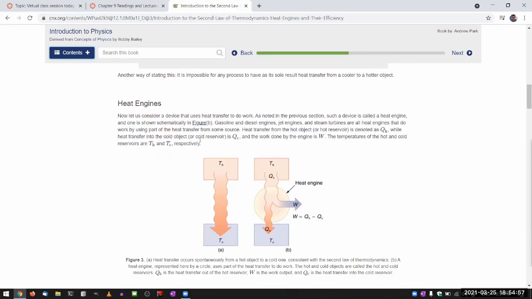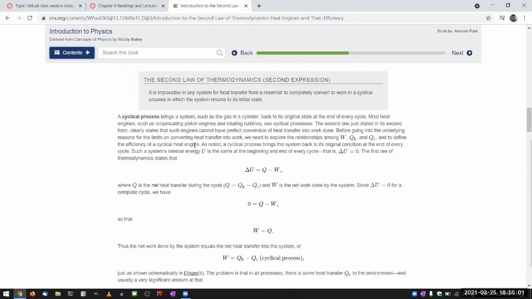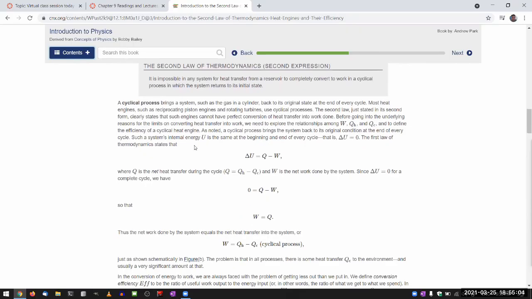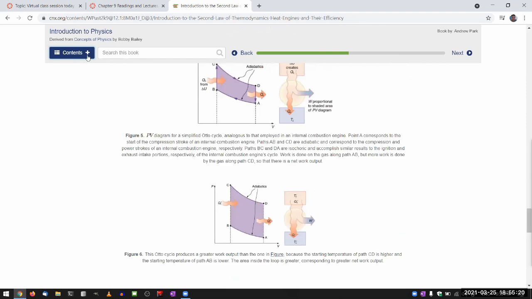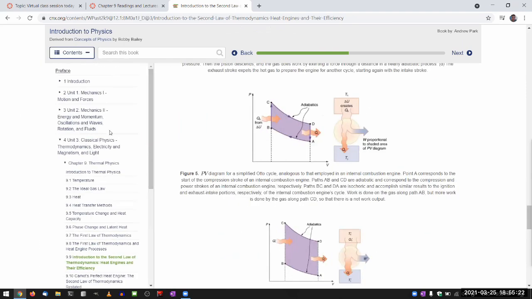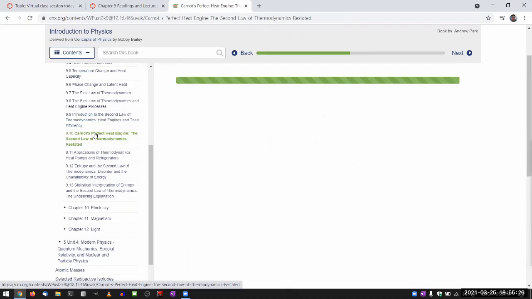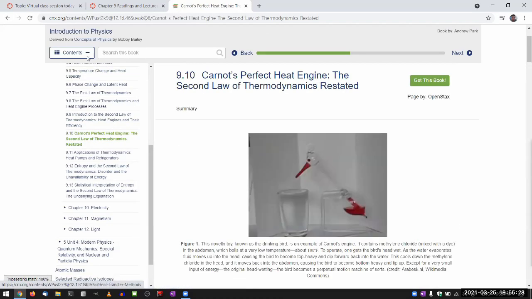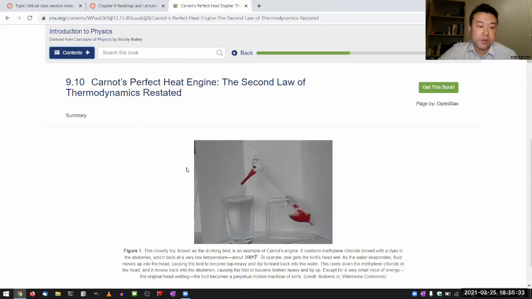Now, the ideal heat engine that I'm encouraging you to think about is the Carnot heat engine, and I want you to fully understand just how idealized this is. There's no such thing as an actual Carnot engine.